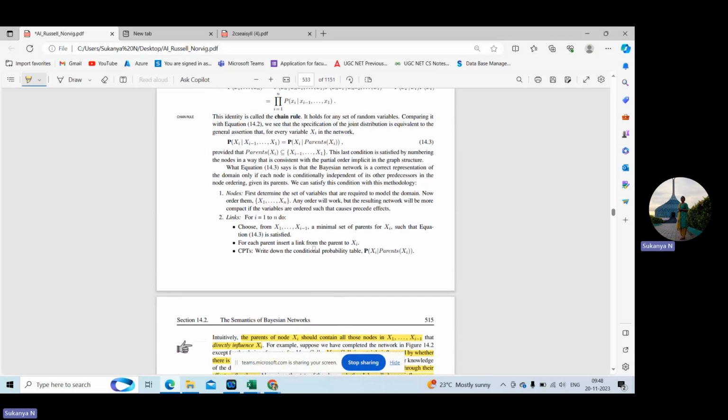So for this example, how can we write this conditional independence relationship? Probability of Mary calls, John calls, comma, alarm, comma, burglary, and earthquake is equal to the probability of Mary calls, which has a parent known as alarm.